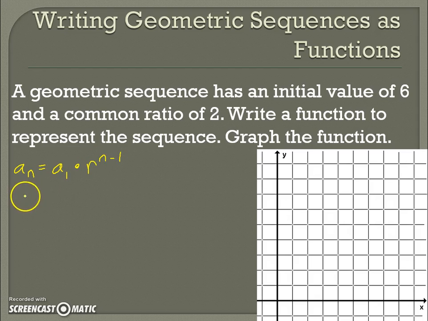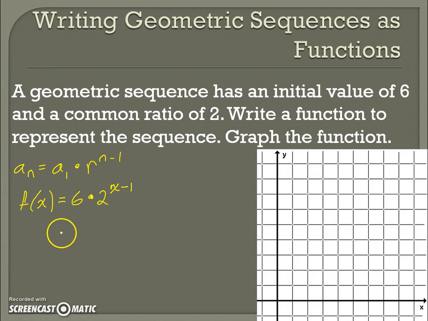For this function, we use function notation. F of x is going to equal my first term, initial value of 6, times my common ratio of 2 to the x minus 1. Because I'm writing it in function notation, I'm going to replace that in. So right there is my function.